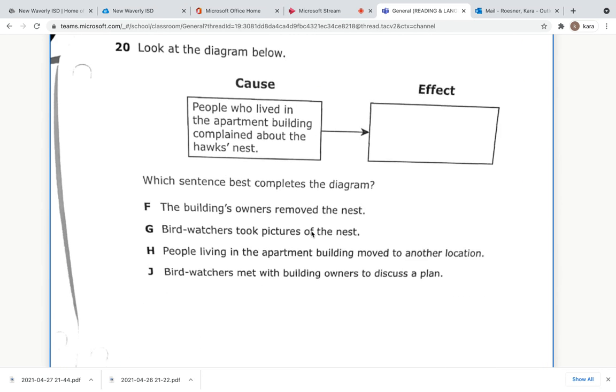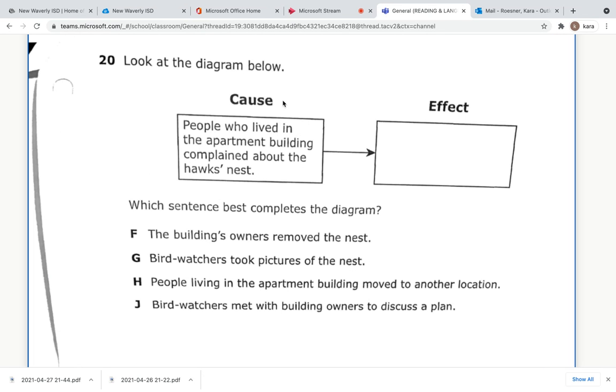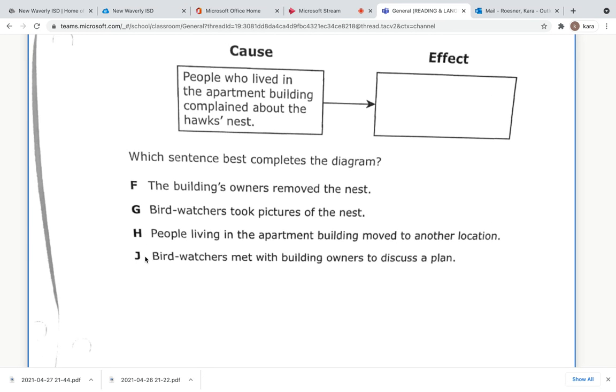Number 20, look at the diagram below. Here's the cause. People who live in the apartment building complained about the hawk's nest. What was the effect? So you've got to fill in this box with one of these answers. Which sentence best completes the diagram? F, the building's owners removed the nest. G, bird watchers took pictures of the nest.